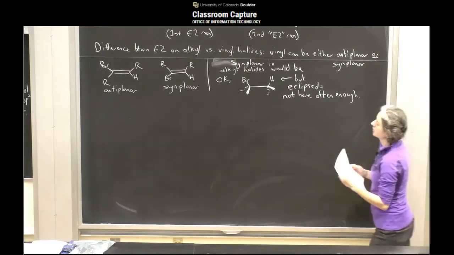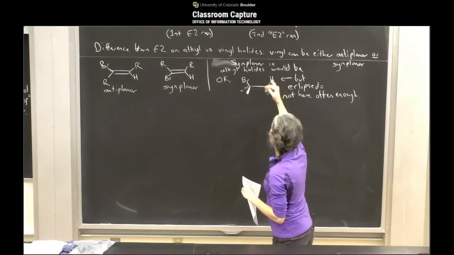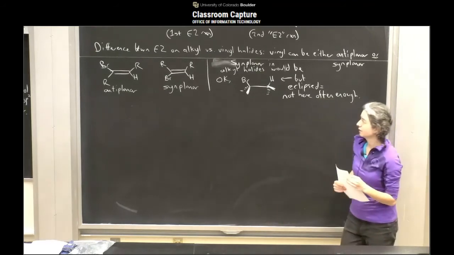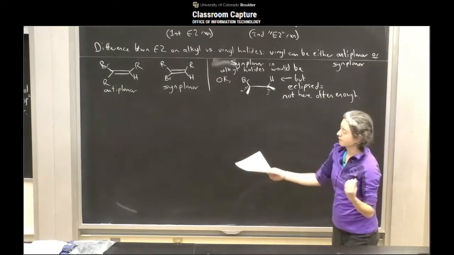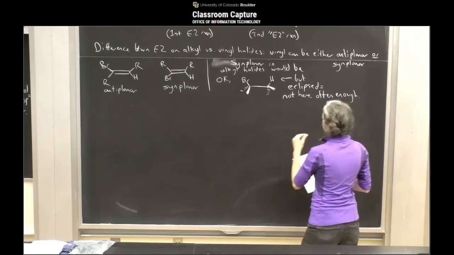Okay, so the one downside, another difference between E2 on vinyl versus alkyl, is that just like we saw for SN2, going to sp carbon still costs a lot of energy.